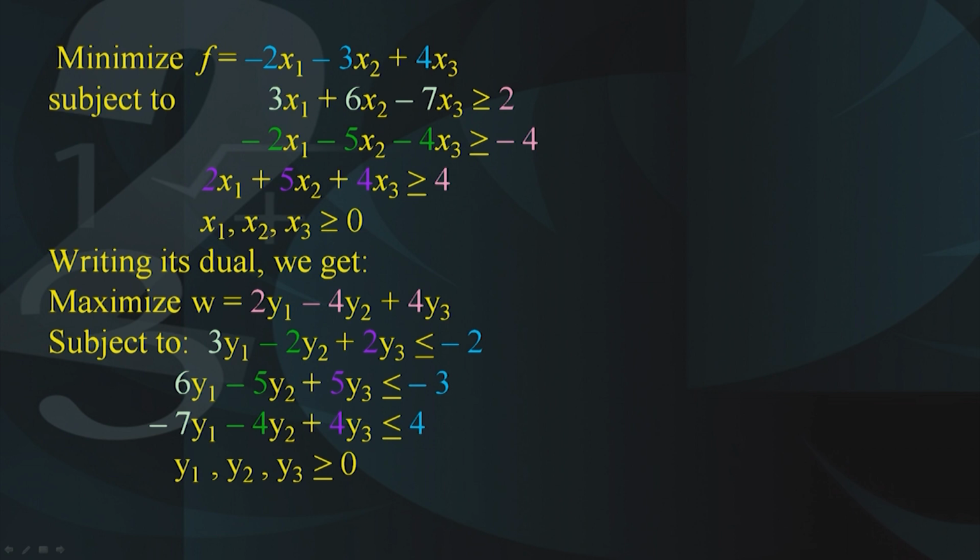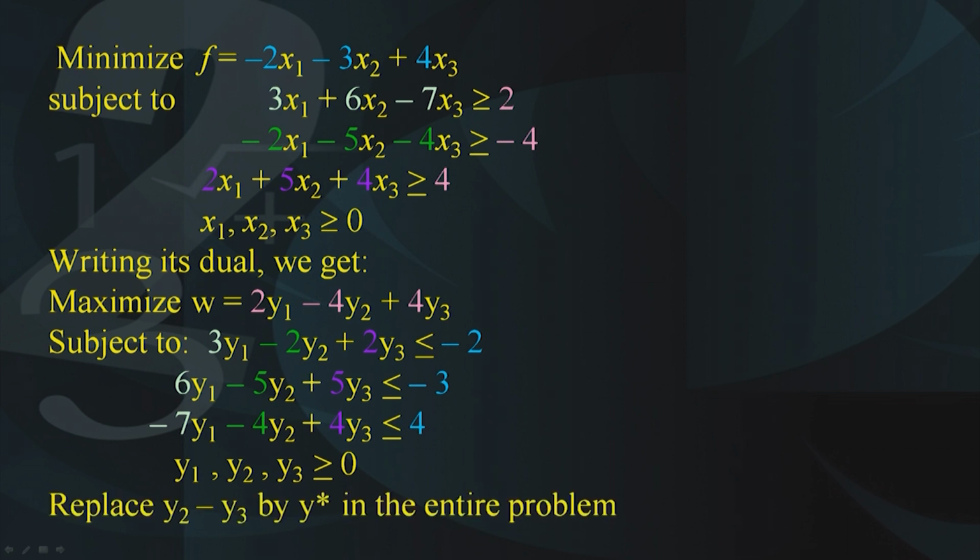Similarly, 6y1 minus 5y2 plus 5y3 less than or equal to minus 3, minus 7y1 minus 4y2 plus 4y3 less than or equal to 4, and all the 3 variables y1, y2 and y3 are greater than or equal to 0.